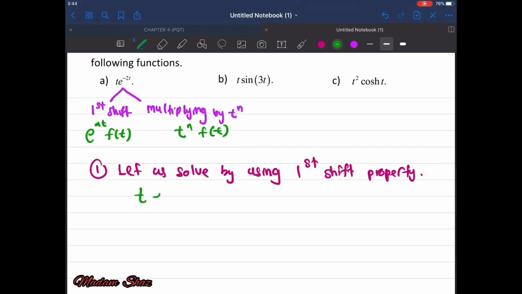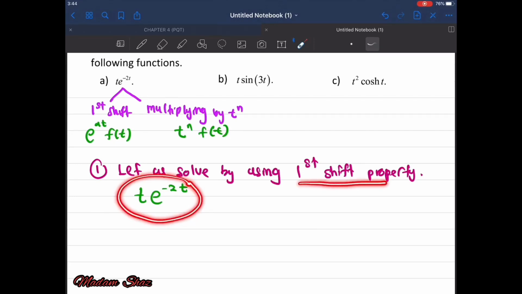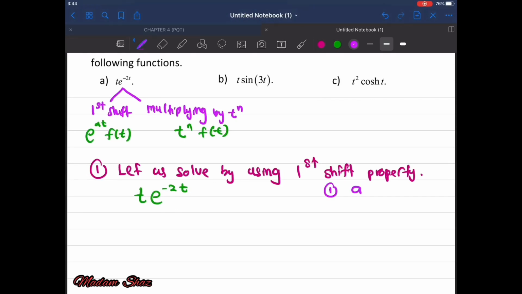We have t e^(-2t). If we want to solve this function by using the first shift property, we have to follow our steps. The first step, we have to determine a and our new f(t). The second step, we have to find F(s). The third step, we have to shift F(s-a).